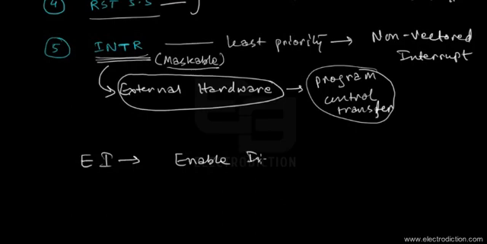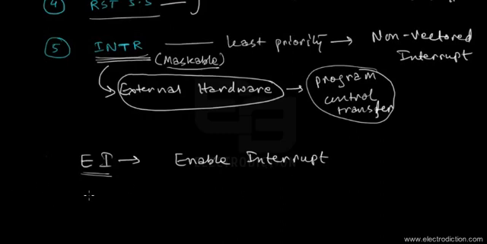This is an instruction to enable the 8085 to accept interrupt requests.